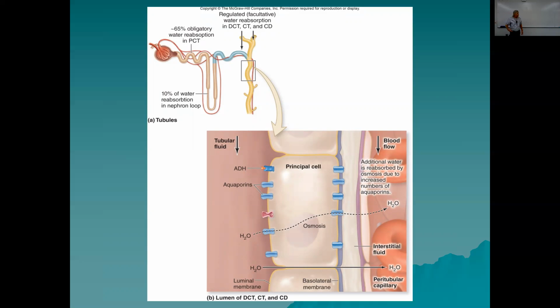ADH causes the principal cells to put in more aquaporins, so more water comes in. And this is one of the major mechanisms to conserve water. Remember, diuresis is the making of a large amount of dilute urine, so antidiuretic hormone prevents that. And you end up excreting very salty urine if you're dehydrated.